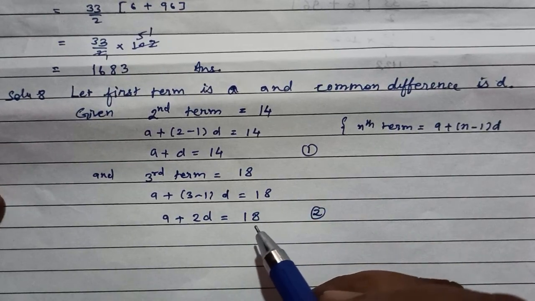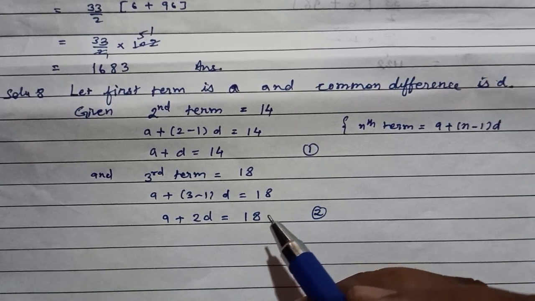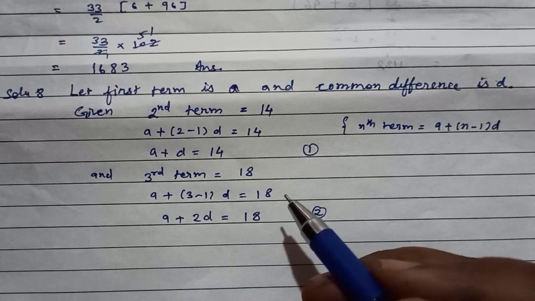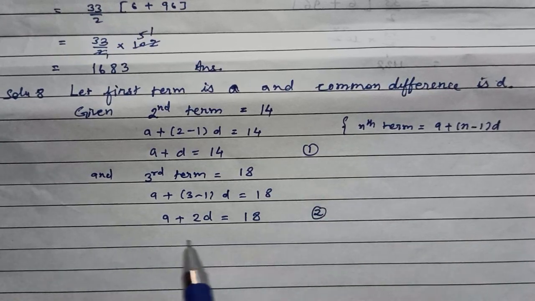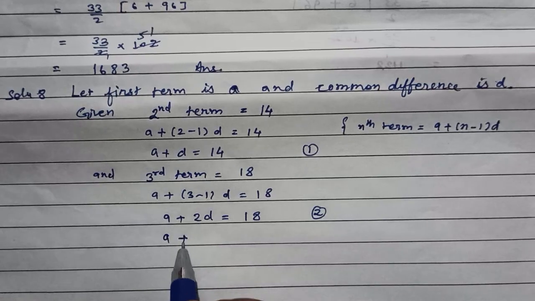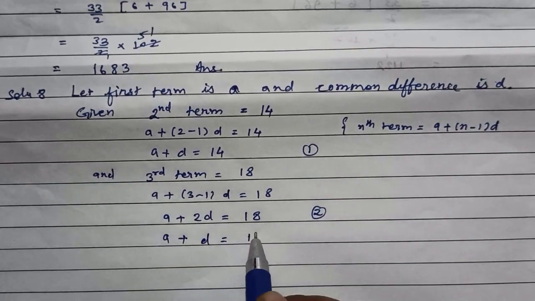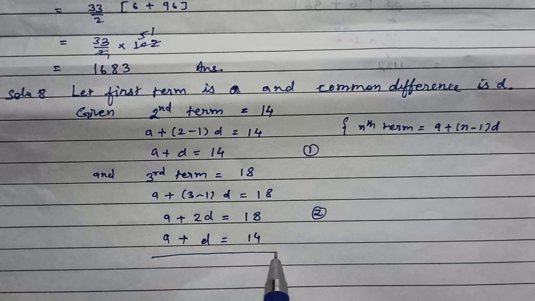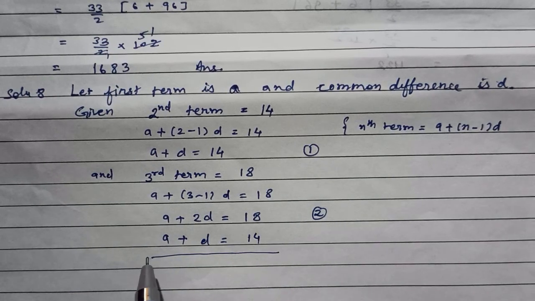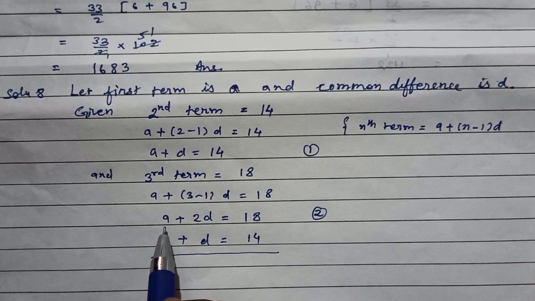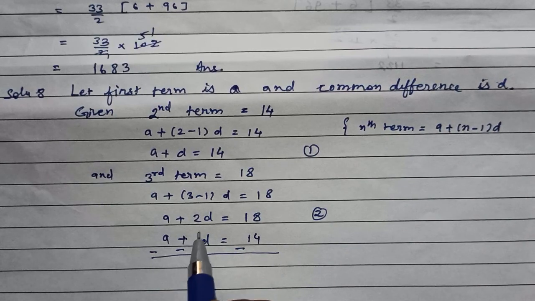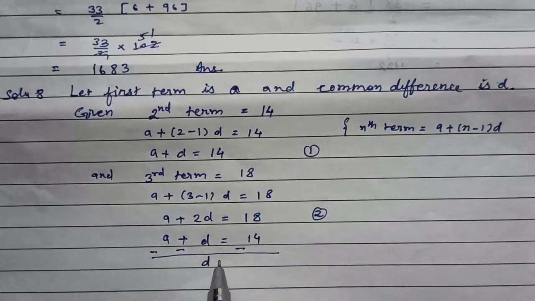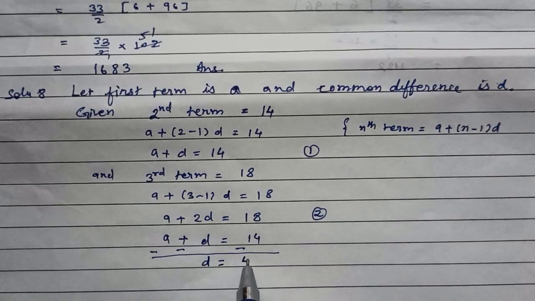Equations 1 and 2 are two linear equations in two variables, and we solve this by the elimination method. Write equation 1 below equation 2. a plus d is equal to 14. The coefficients of a are the same and both have the same sign, so we subtract. a minus a cancels, 2d minus d is d, and 18 minus 14 is 4. d equals 4.